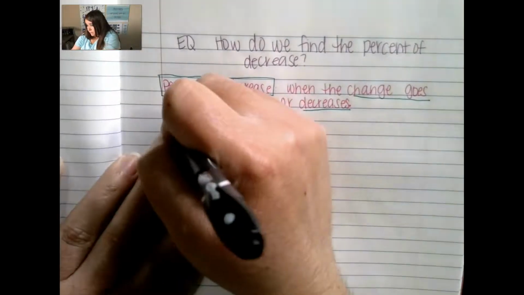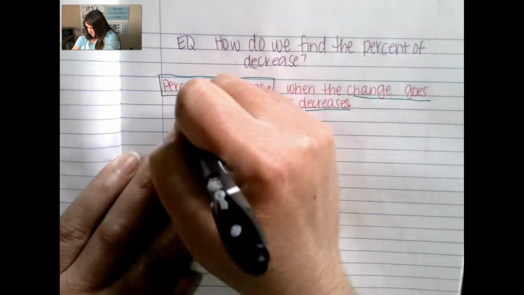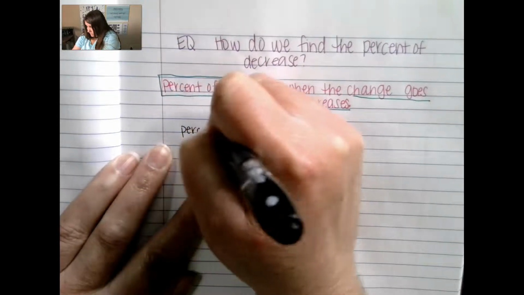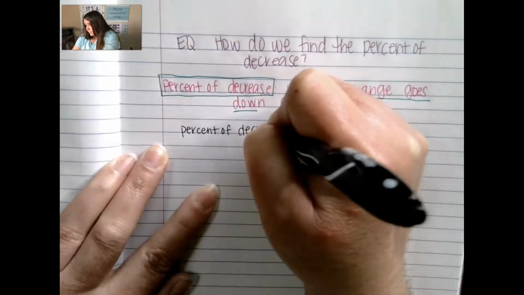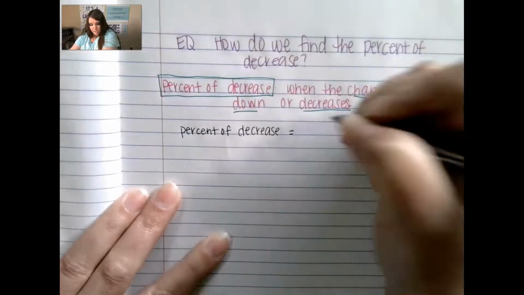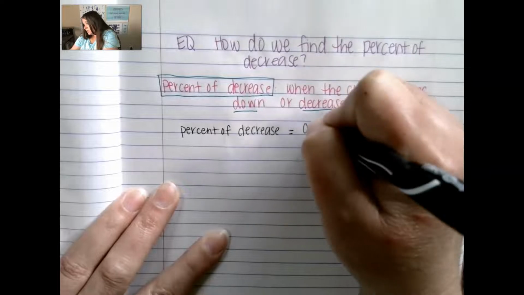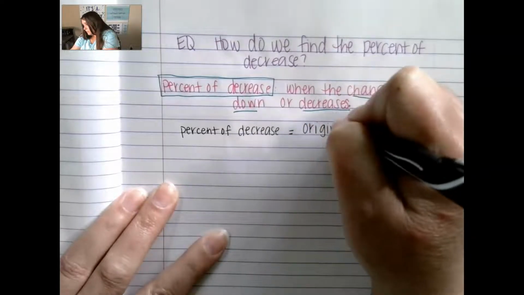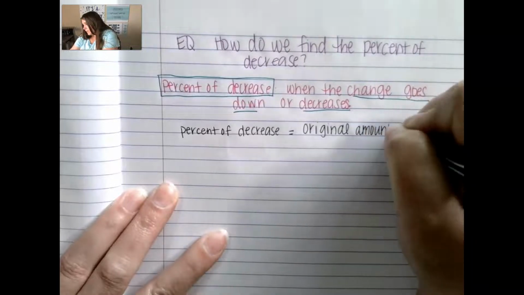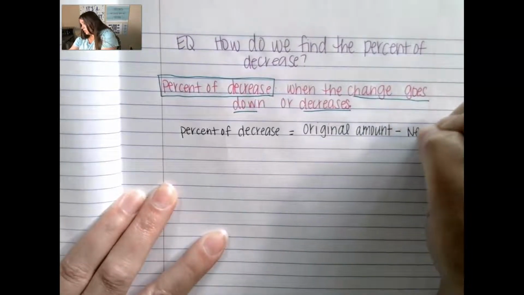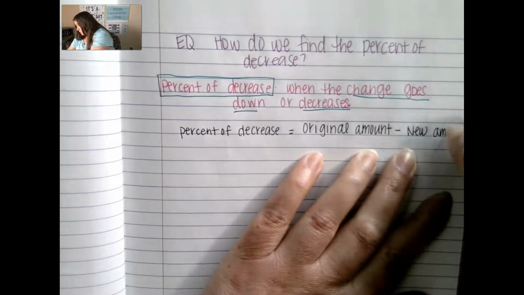So a percent of decrease is found by taking the original amount and subtracting the new amount.